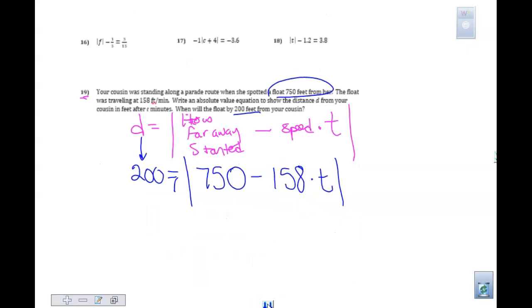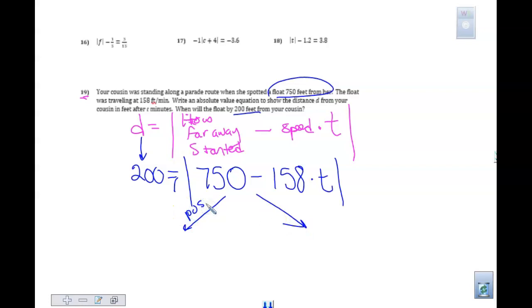So looking at this problem, does the absolute value stand all by itself? Yes, the absolute value is isolated and it equals a positive number, so I have to have two cases: the positive and the negative.